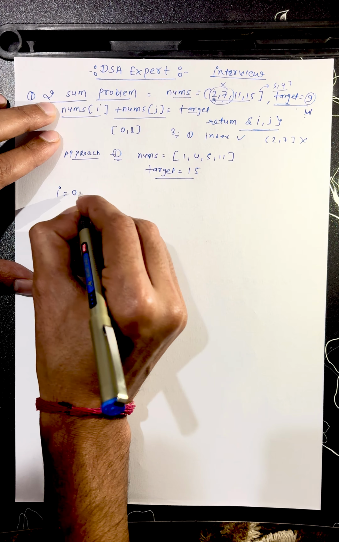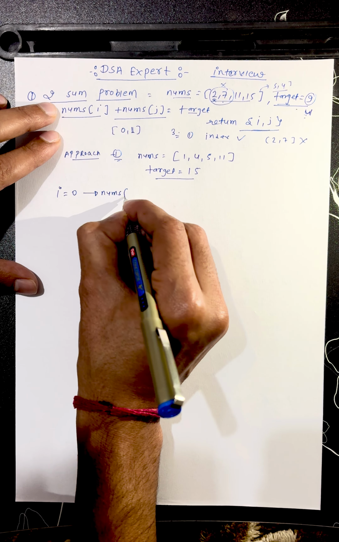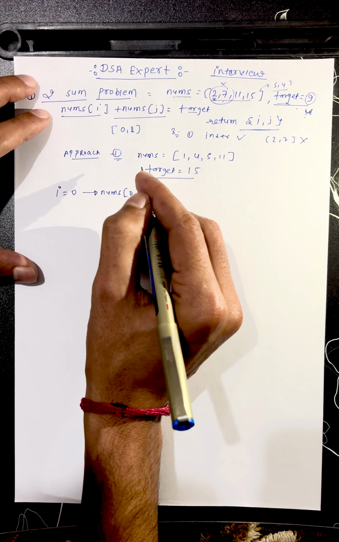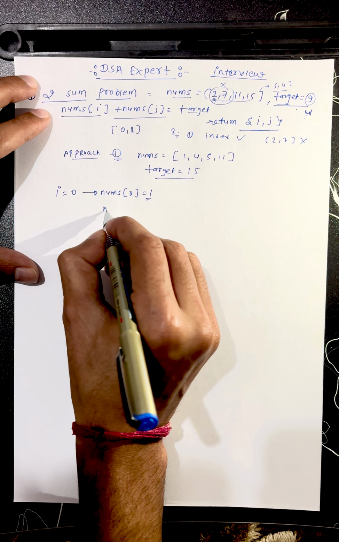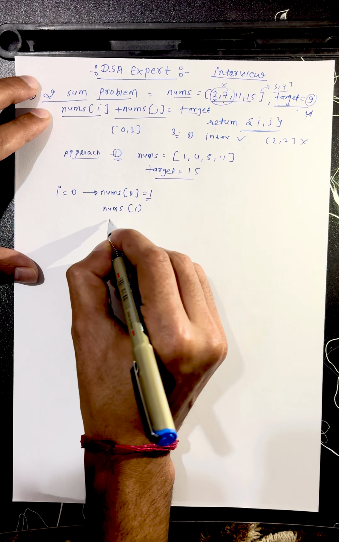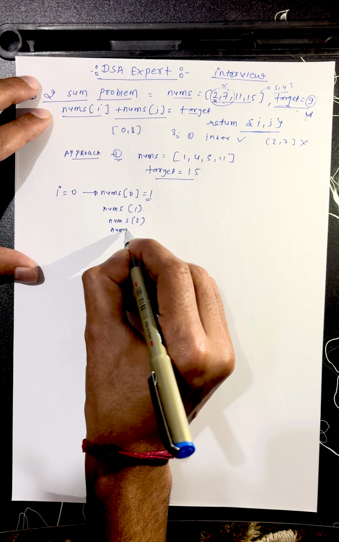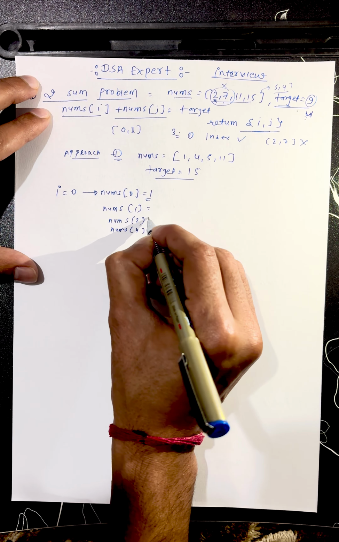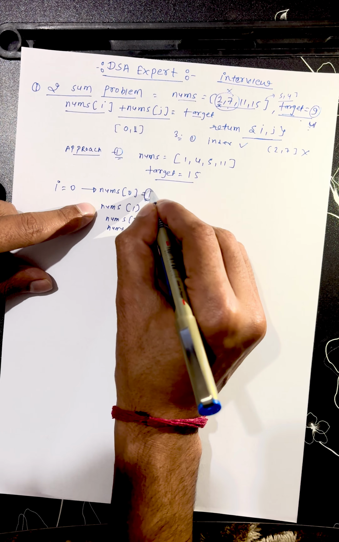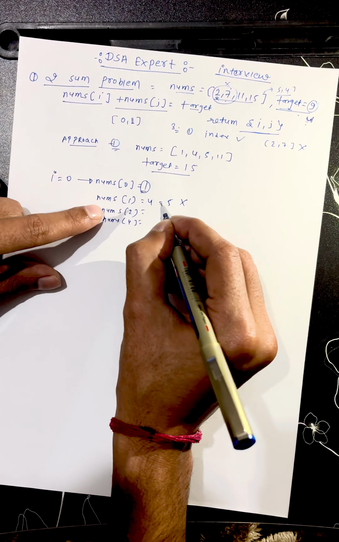If we are taking i equal to 0, nums[0] is 1. So we will compare it with all the other elements of the array: nums[1], nums[2] and nums[3]. nums[0] is 1 and nums[1] is 4. 1 plus 4 equal to 5, that is not equal to the target.